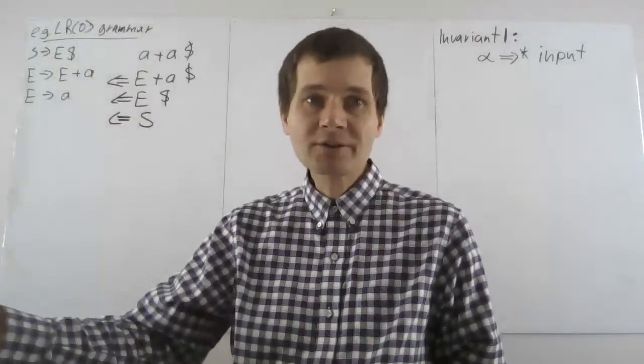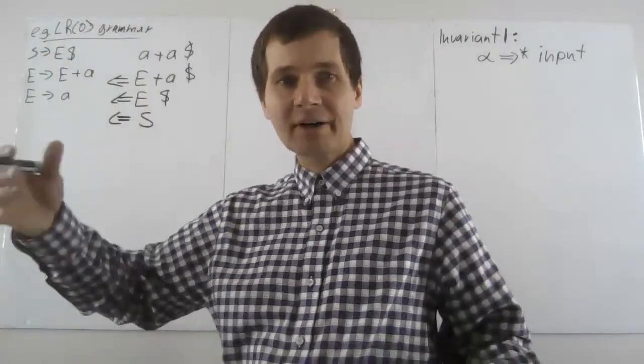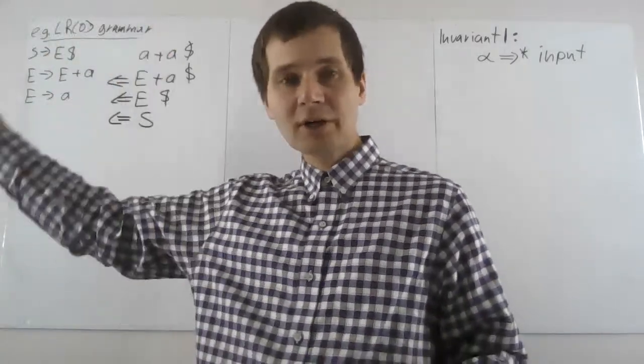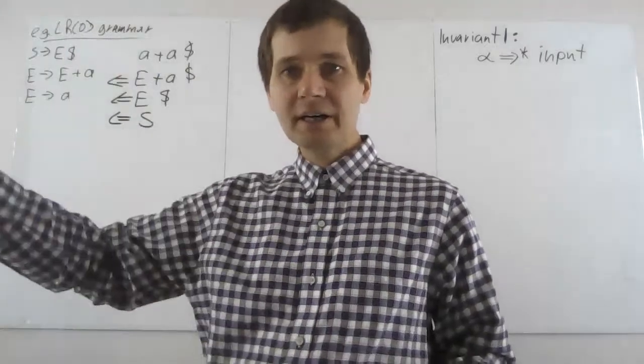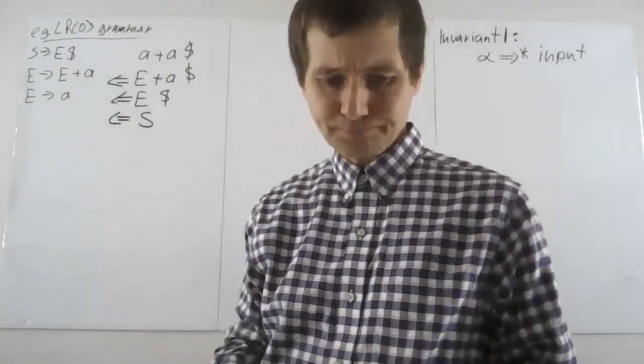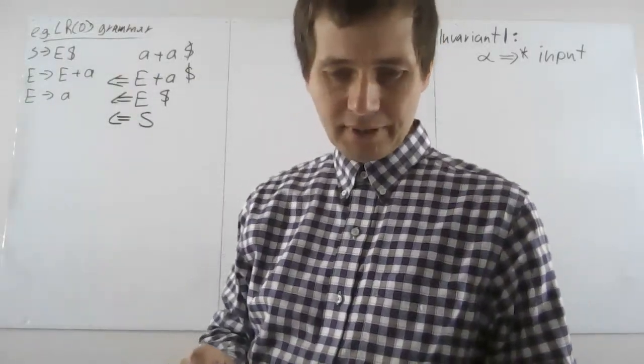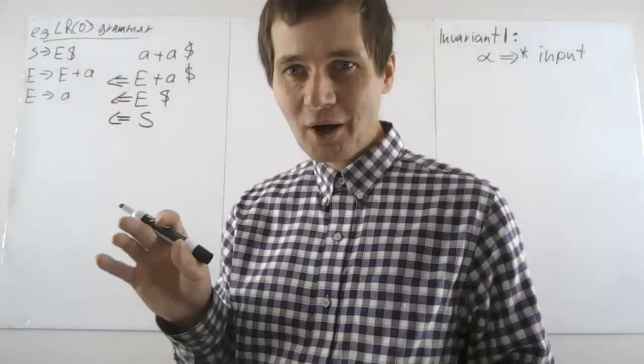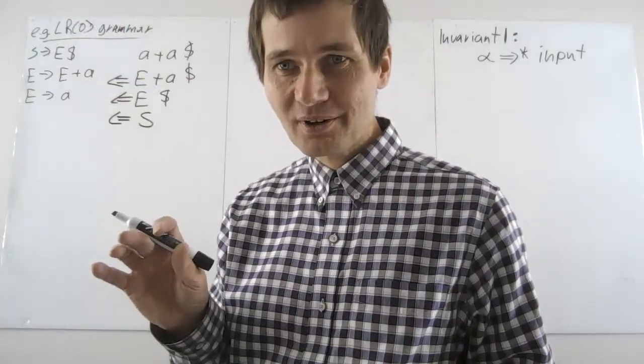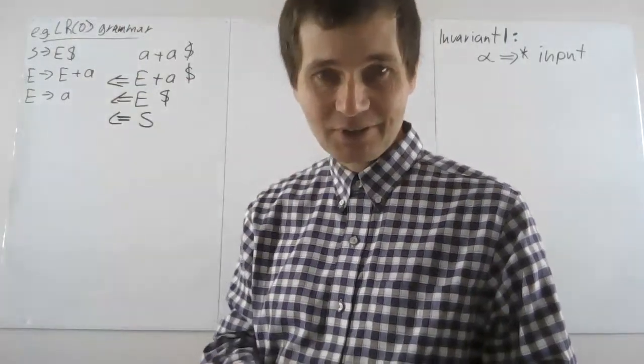So for the LL parser, for top-down, the invariant was that the start symbol derives alpha, that alpha is a sentential form. Okay, stop me if there's questions, or ask questions if there's questions.